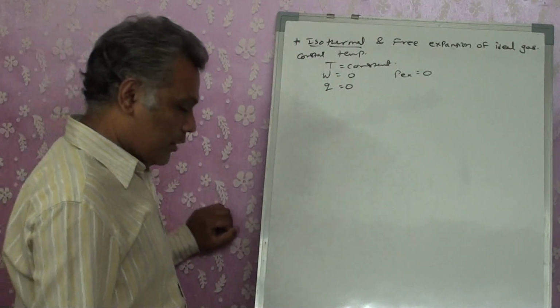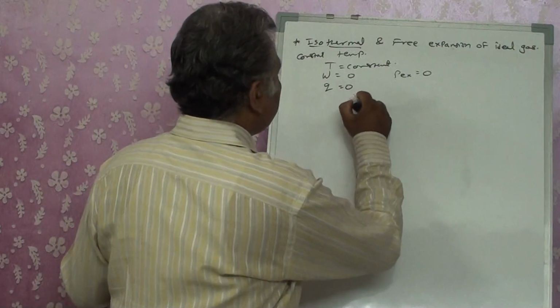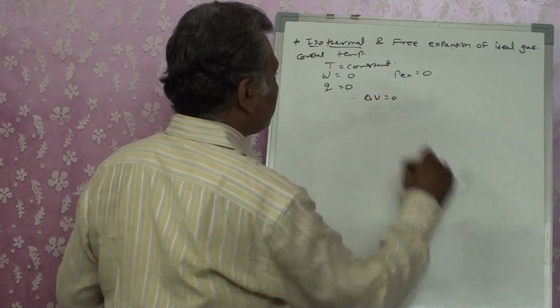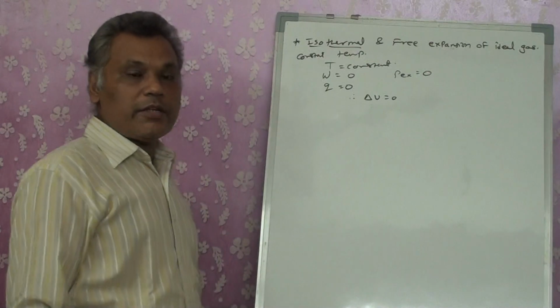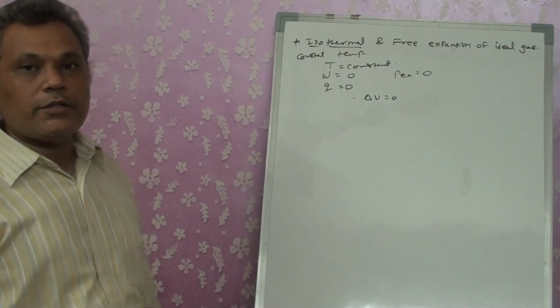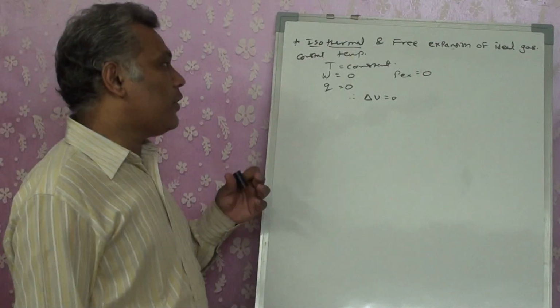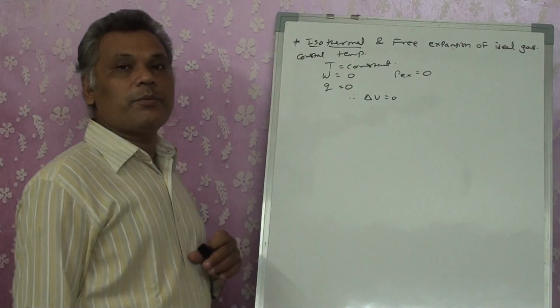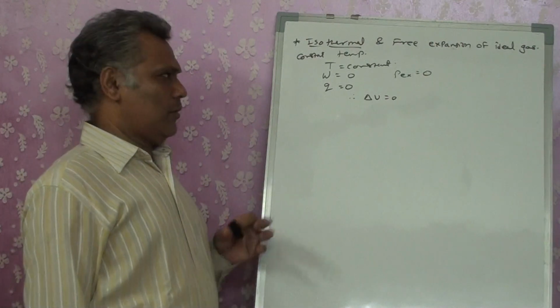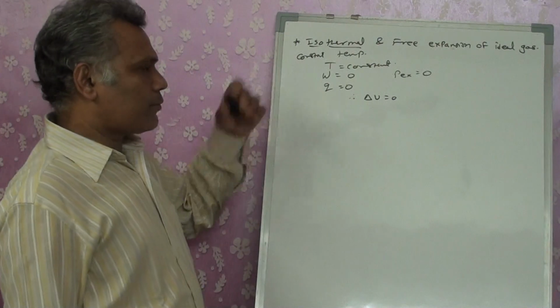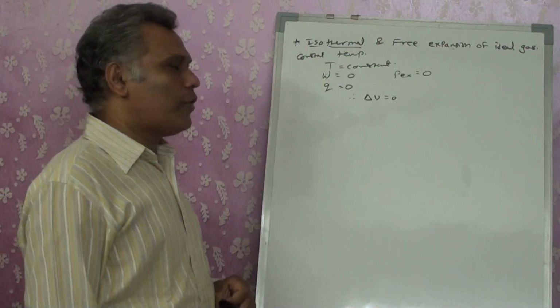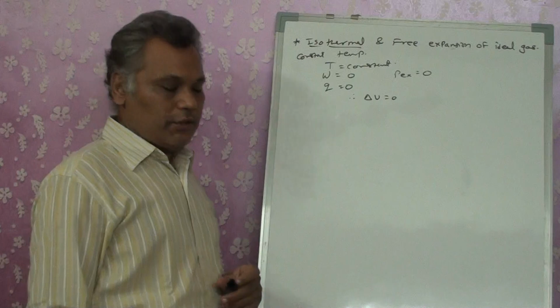So what does this indicate? That in this condition delta U will be equal to 0, because there is no change in internal energy. Internal energy, delta U, depends upon Q plus W, and W is 0, Q is 0. So overall change in internal energy is 0.